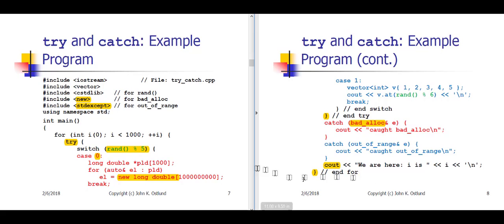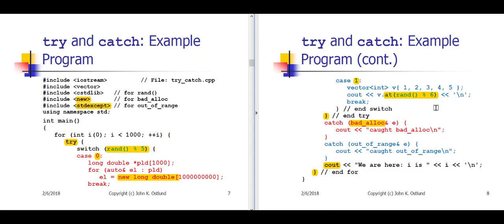Okay, so in the second iteration of the loop, we pull another rand value between 0 and 4. Let's suppose this time the value happens to be 1. Here's case 1 at the top of slide 8. We have a vector containing 5 values, and notice that we're going to use at with a random index here between 0 and 5.